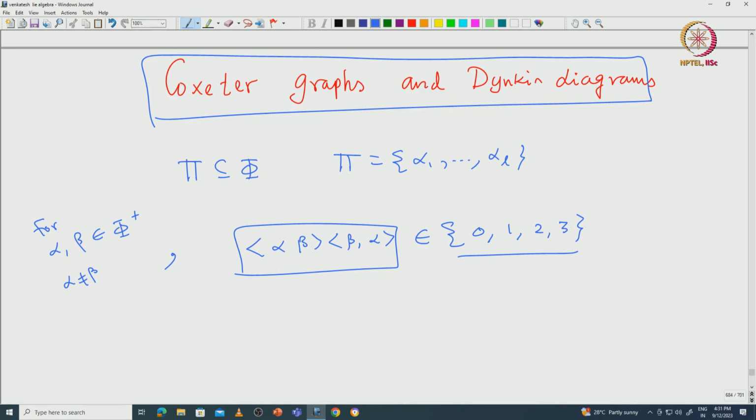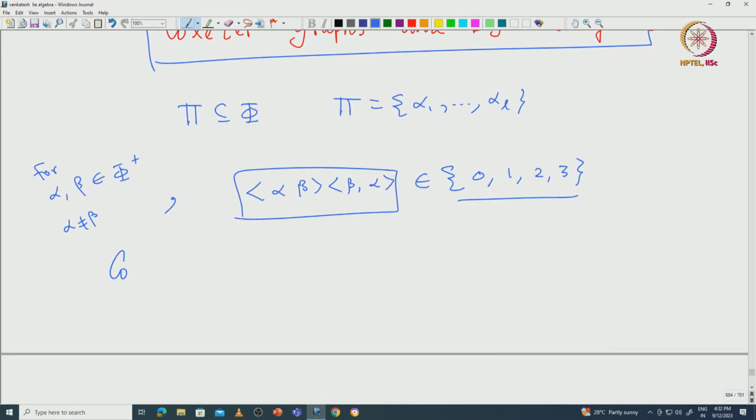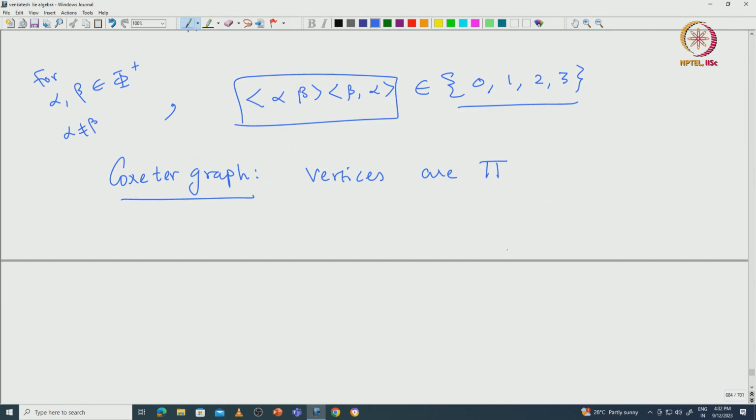So, now what is the Coxeter graph? The Coxeter graph is now easy to define using these numbers. So, what are all the vertices? The vertices are nothing but all the simple roots, that is capital pi. So, there are L vertices. Now what we do is we join the ith and jth simple root.